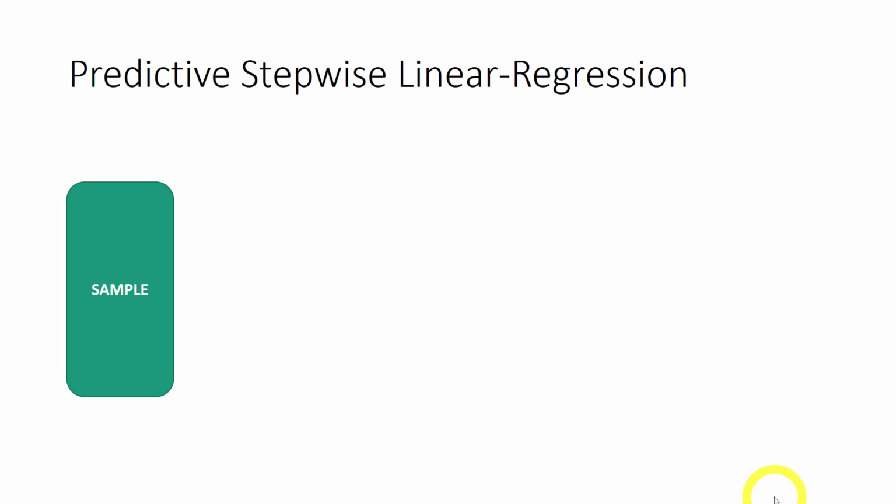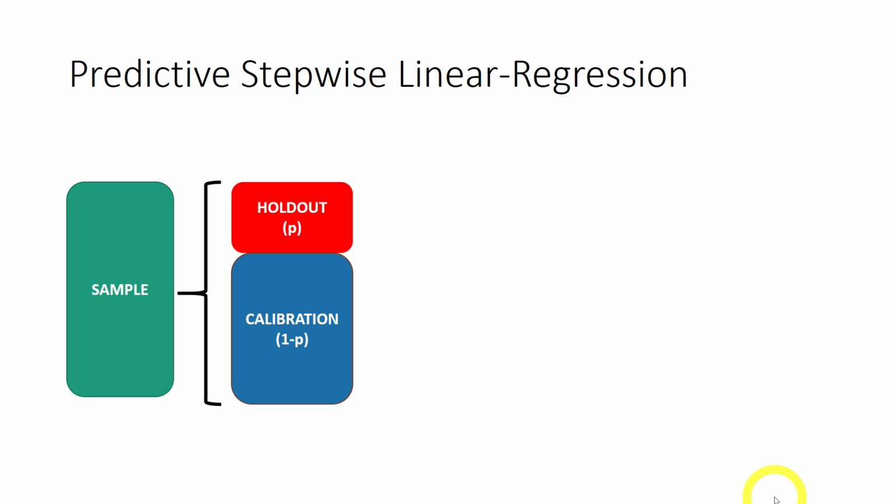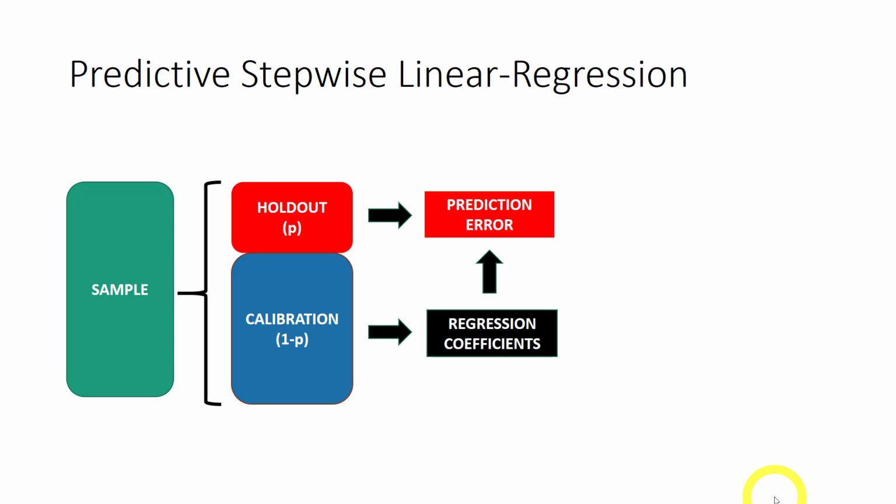So here we have the sample, and we randomly split the sample into p proportion of holdout cases and 1 minus p calibration cases. And we calibrate the regression model in the calibration sample, get the regression coefficients, apply these regression coefficients to the holdout sample, and calculate the prediction error in the holdout sample.